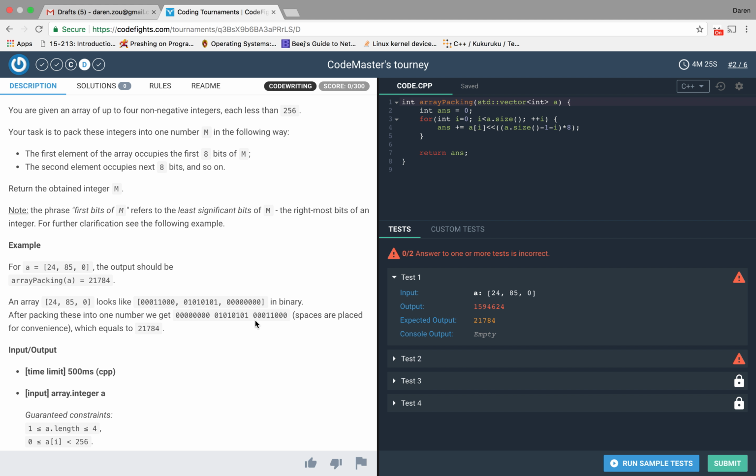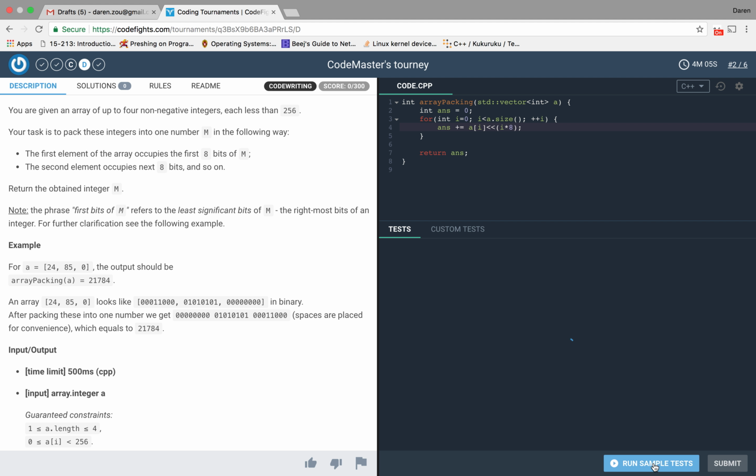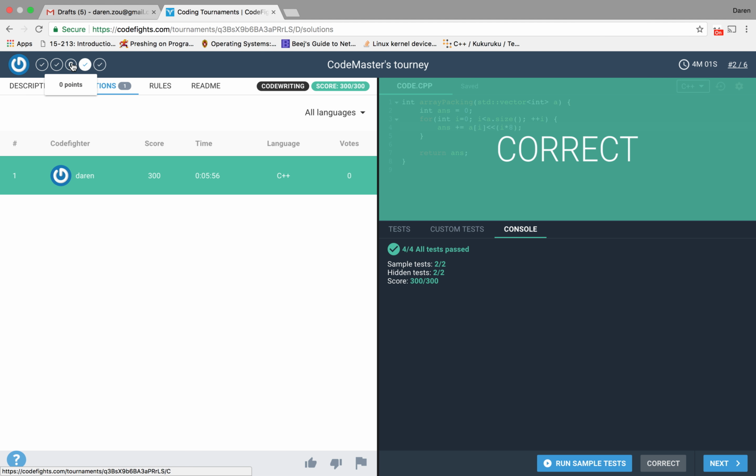This one will be shifted by 0. Oh, that was silly. That was such a silly error.